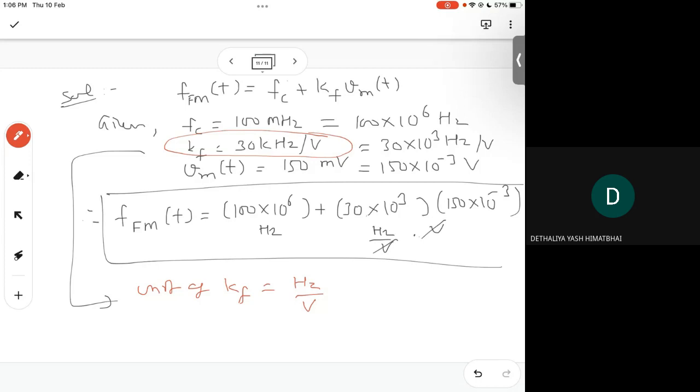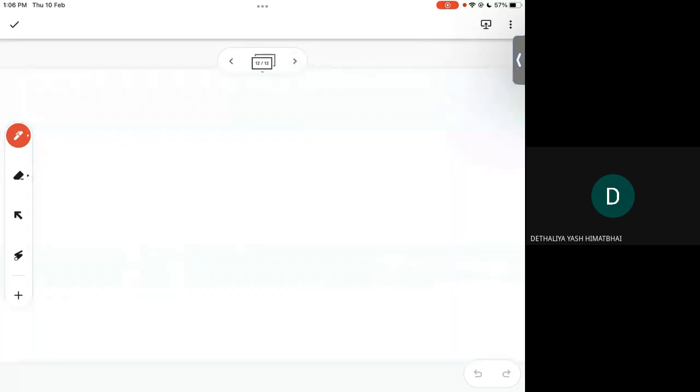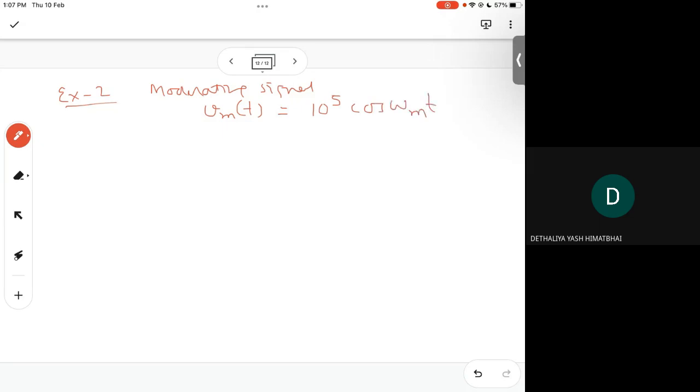Let's take one more example just to finish off this part. So I have a modulating signal or message signal, which is given as VMT is equal to 10 to power 5 cos omega mt. Okay.